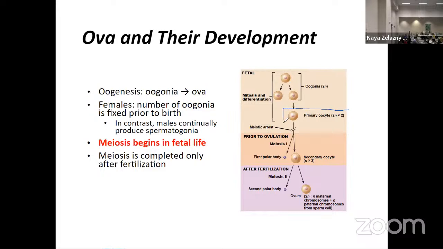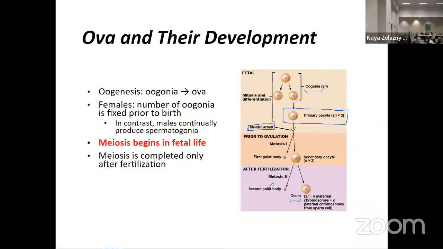So we're set up for meiosis. And we're going to pause here, part way into meiosis, at birth. So we're going to be in this phase of meiotic arrest. Okay. So in this overall process, we're trying to go from oogonia to mature ova.